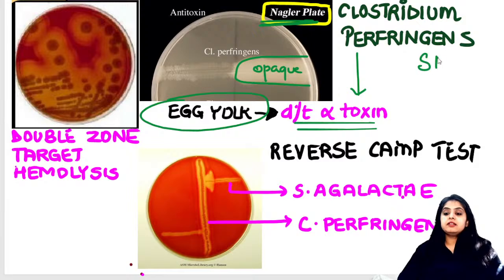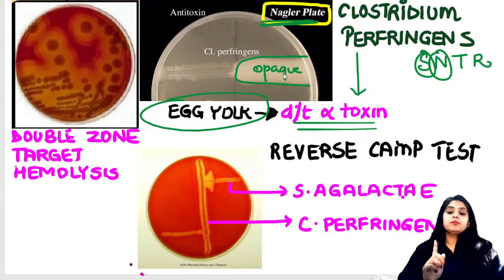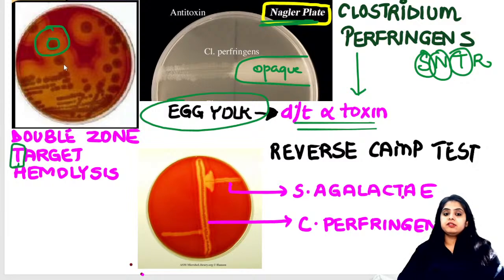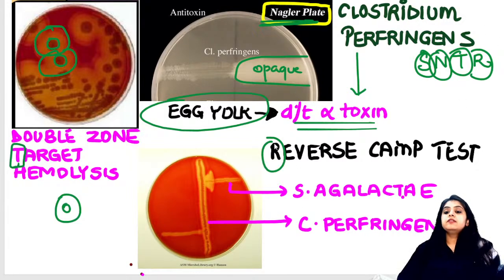So remember, Senior NTR. In Senior NTR, stormy clot was S, N was Nagler's. Nagler's means I am using something with egg yolk. T for what? Target hemolysis. You can see a double zone: small hemolysis and big hemolysis. So there's a double zone hemolysis, that is target hemolysis. And what is R? R is going to be the reverse CAMP test.